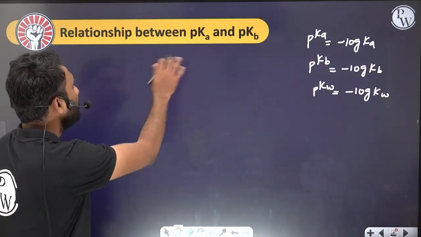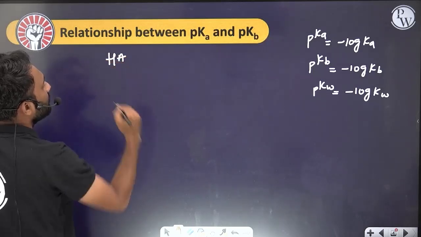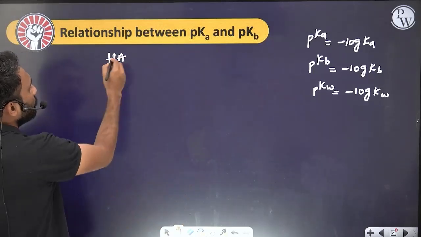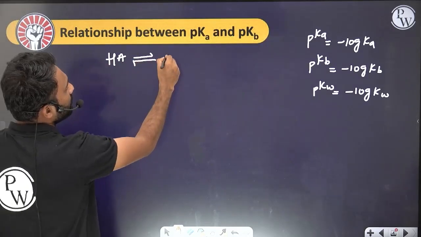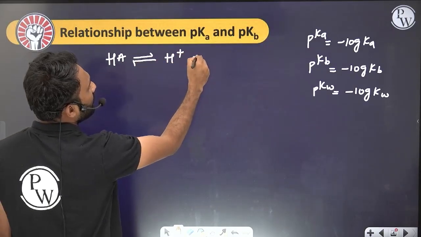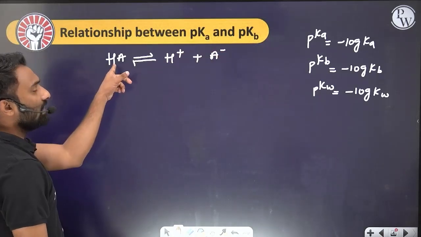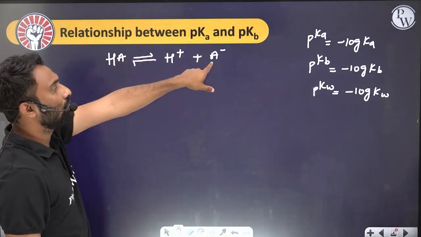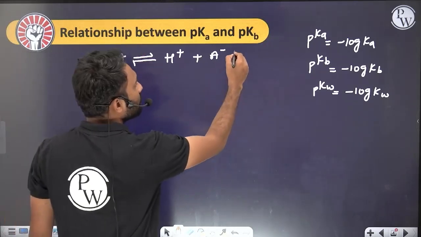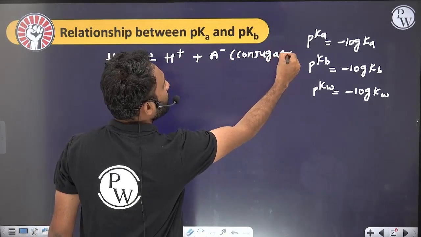Now here, first I am taking one weak acid HA. How will this weak acid dissociate? It will dissociate into H plus and A minus. This weak acid, after losing one H plus, gives the conjugate base A minus. Now this is the conjugate base of the weak acid.